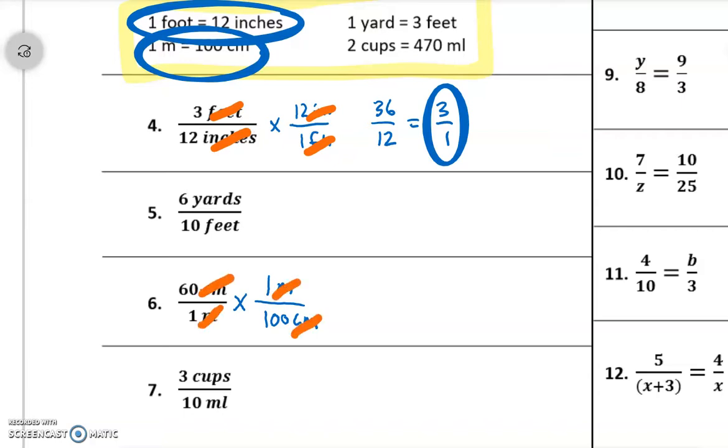Then we're just going to multiply straight across. 60 times 1, 60. 1 times 100, 100. And I can divide each by 20, right? So 60 divided by 20 and 100 divided by 20 gives me 3 over 5. And that's my reduced ratio. Just like that, nothing to it.